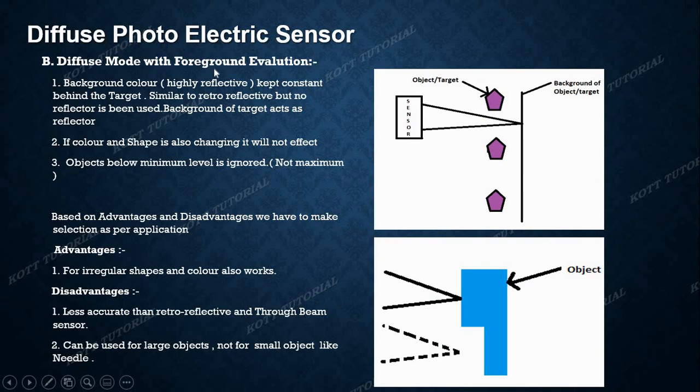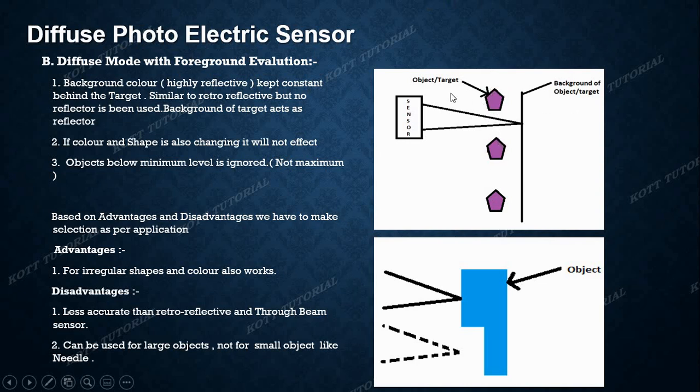Diffuse photoelectric sensor with foreground evaluation, that is a diffuse mode with foreground evaluation, or foreground suppression also we can say. As the name suggests, it is independent of the foreground. Now here foreground means the product.